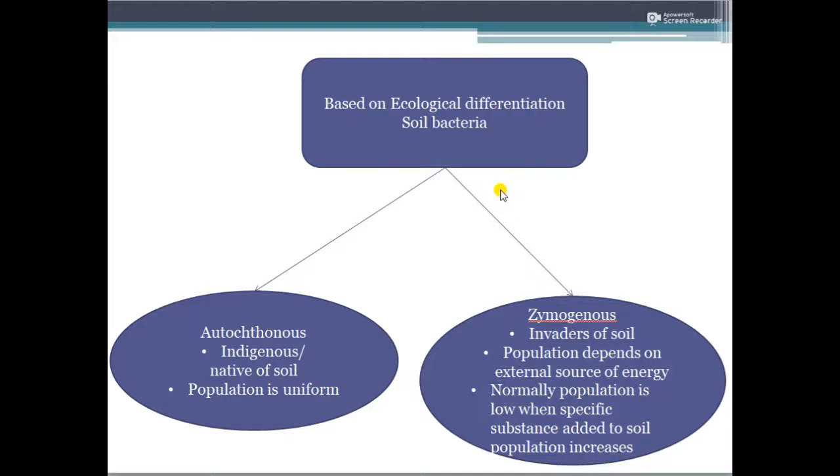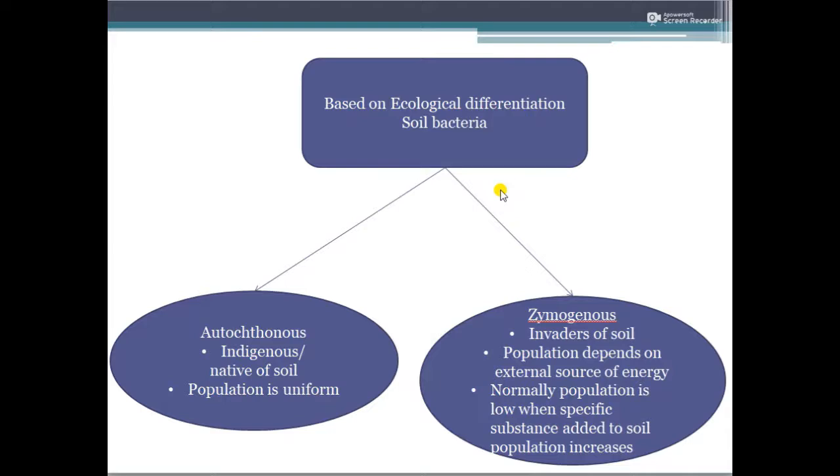It doesn't mean that they are not present in the soil; they would be present regardless of whether pesticide is present or not. But when pesticide is put into the soil, their population will be found to increase. Such bacteria are referred to as zymogenous bacteria.